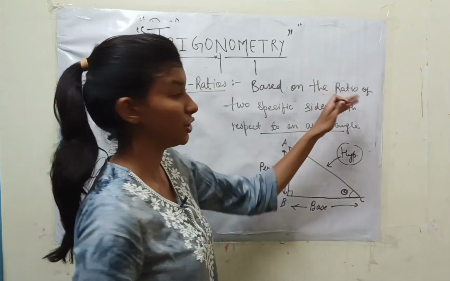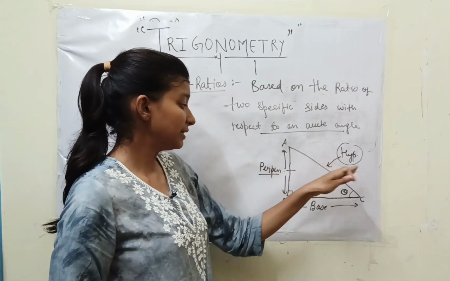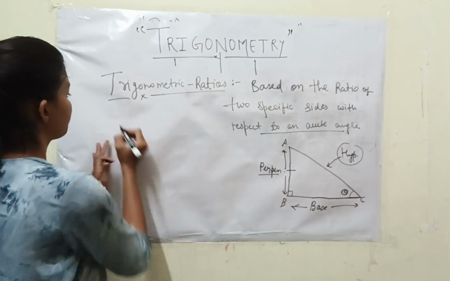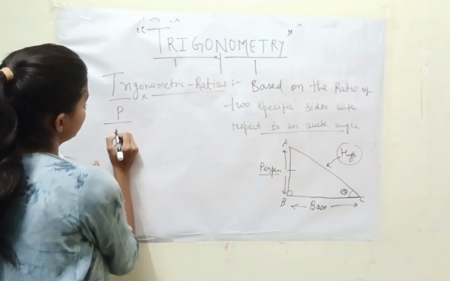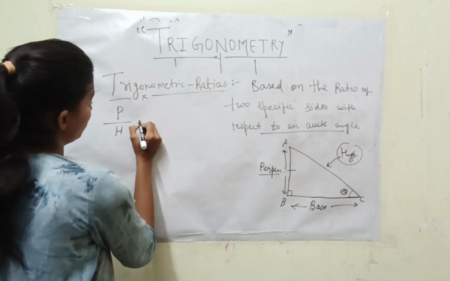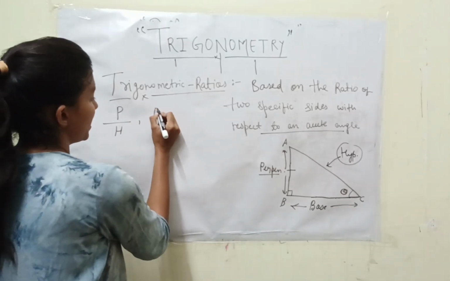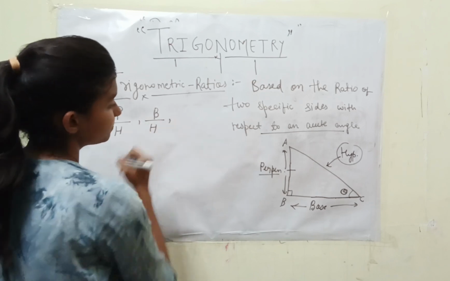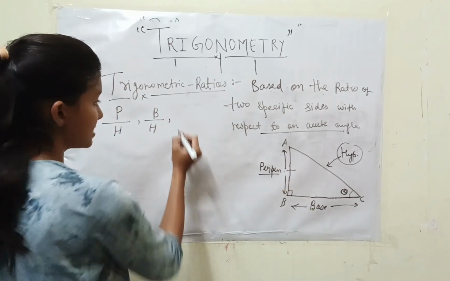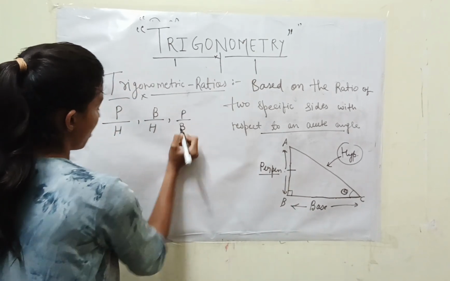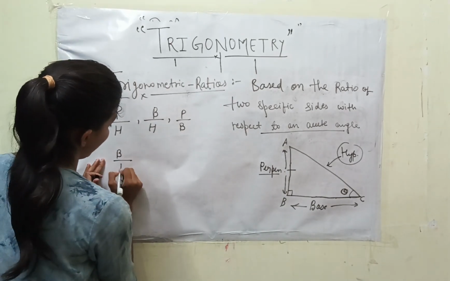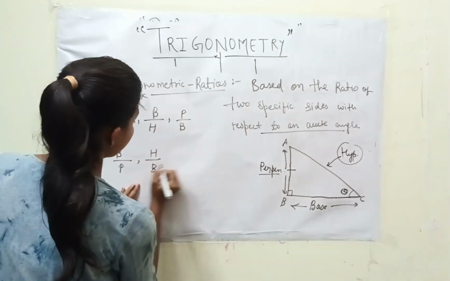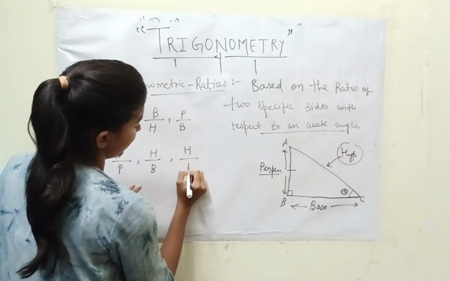Now talk about the ratios. Using three sides, we can define some ratios like perpendicular upon hypotenuse, base upon hypotenuse, or perpendicular upon base, or base upon perpendicular, or hypotenuse upon base, or hypotenuse upon perpendicular.